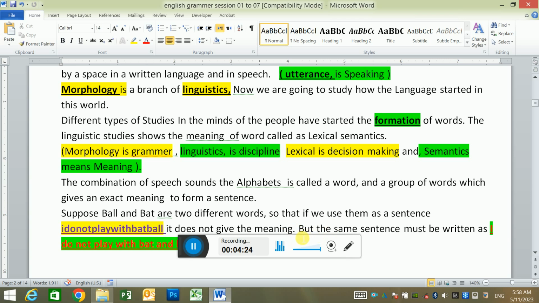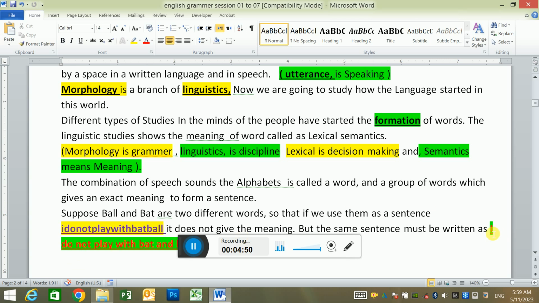Yes. But the same sentence must be written as "I do not." We are giving a space between each and every word of a sentence. I is separate, do is separate, and not is separate. We are not combining do and not without a space in between, isn't it?